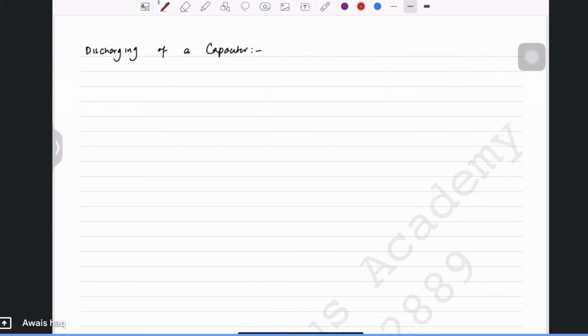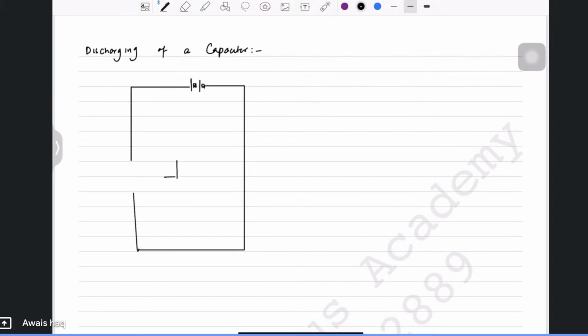For discharging, obviously, it is the same circuit, but this time this is A and this is B. Now the capacitor is fully charged, but then it's connected here, and B like this.